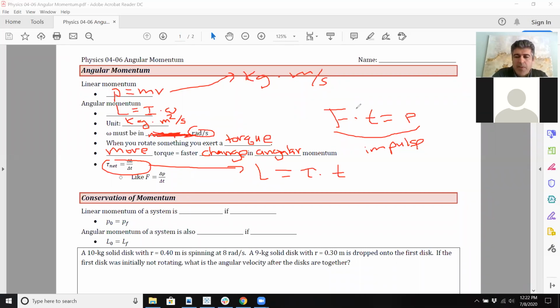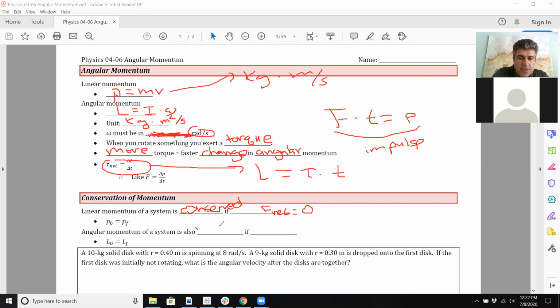And then there was a video on this too, from Khan Academy. Conservation of momentum is no different than what we've seen before. Linear momentum is conserved as long as our net force is 0, when we don't have any external forces coming in. And same thing here.